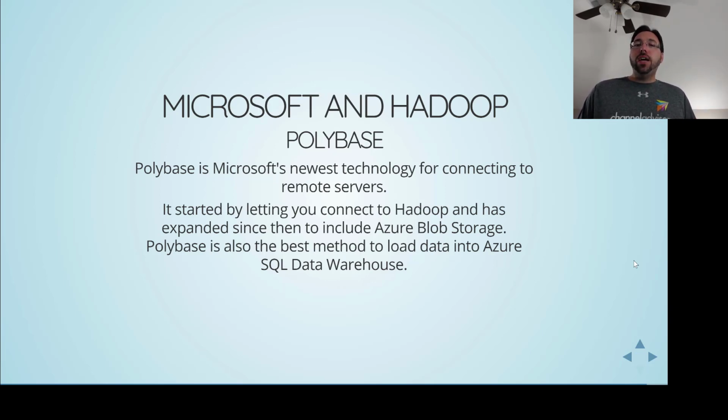One of the other advantages that Polybase gives you is, suppose you do have a large amount of data sitting in Hadoop that you want to expose via SQL Server. But you don't necessarily want to pull all of that data from Hadoop, process it in SQL Server, and then send it back to the user.